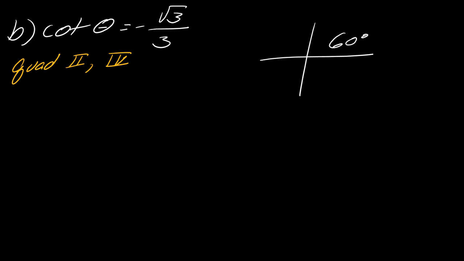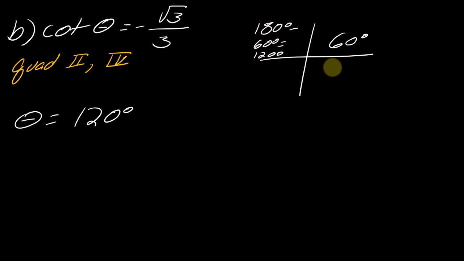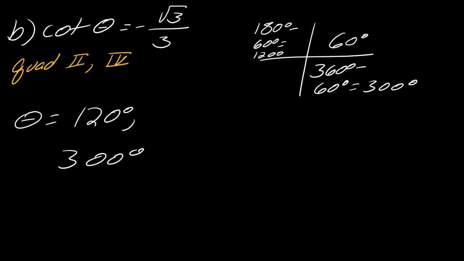If I'm in the second quadrant, I take 180 minus the 60 degrees, which gives me 120 degrees. That's going to be one of my thetas. You know you found the right one if you reverse engineer the calculation one more time. To get into quadrant 4, I'll take 360 degrees minus 60 degrees, which comes out to 300 degrees. That would be my other one.